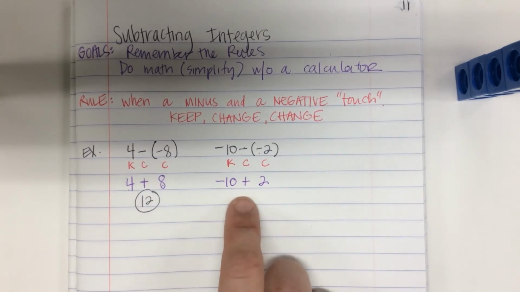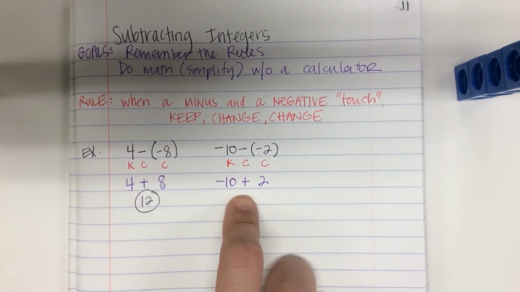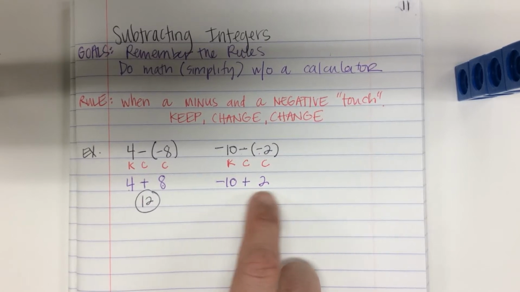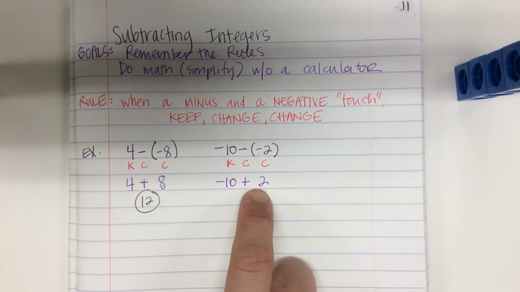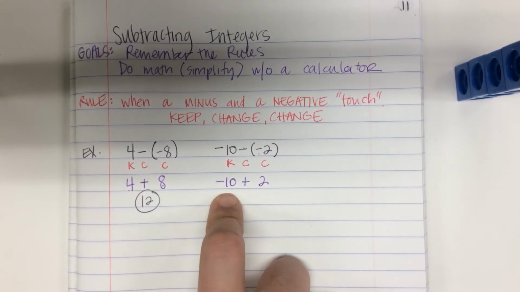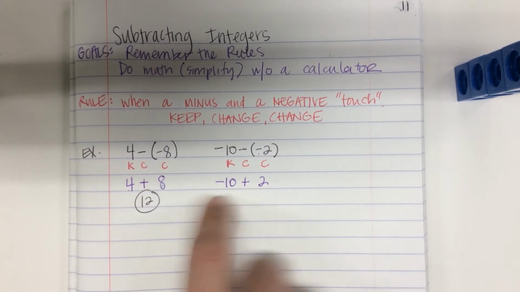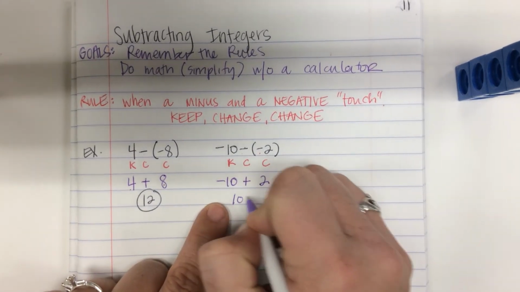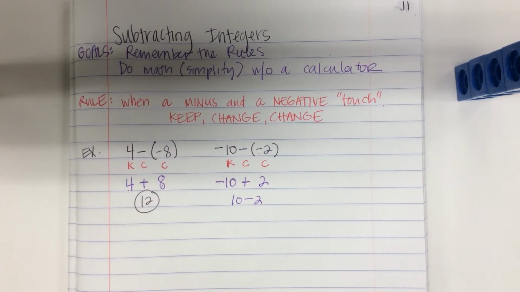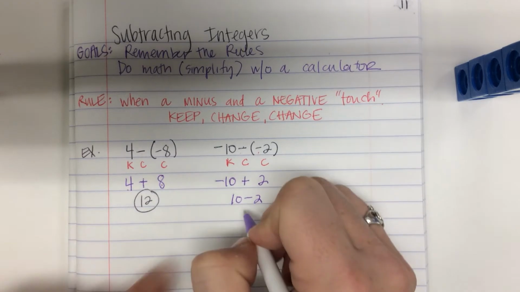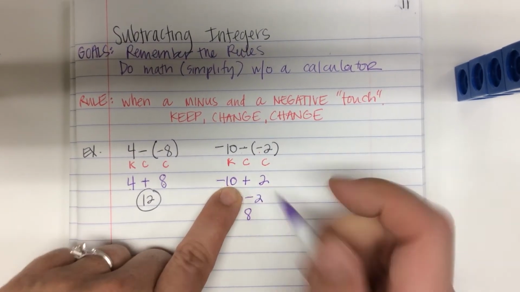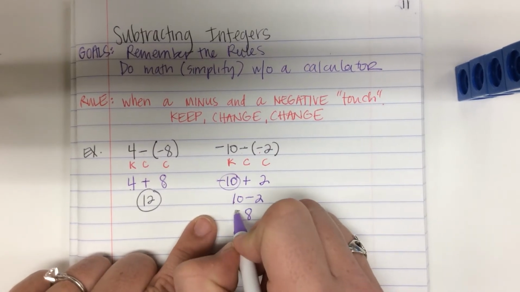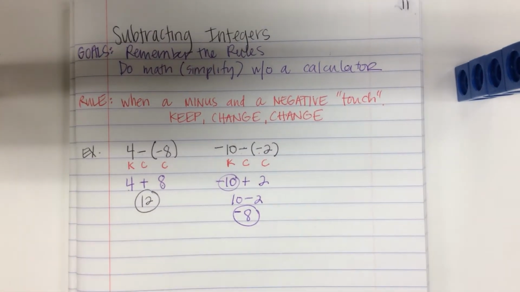This is from last week. Are the signs the same? No. The signs are different. Find the difference. 10 minus 2 is 8. Greatest distance. Negative 10, so my answer is negative 8.